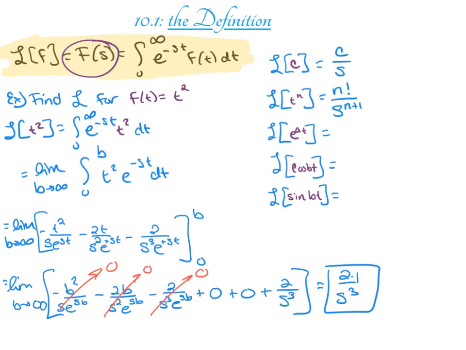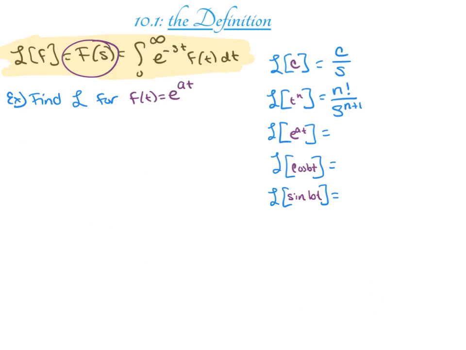Okay, let's do e to the at now. The Laplace transform of e to the at is the integral from 0 to infinity of e to the negative st times e to the at dt.